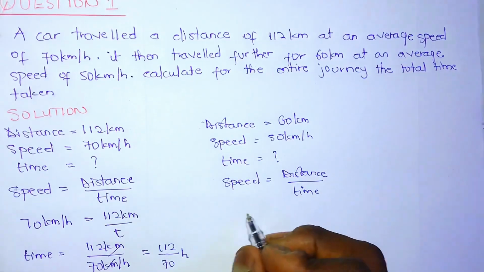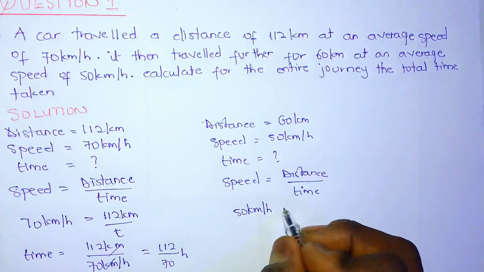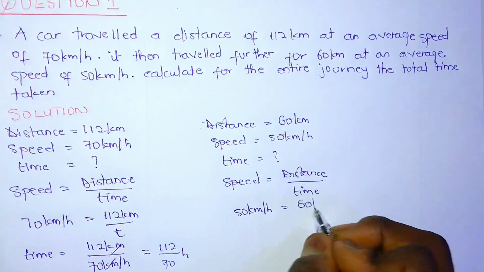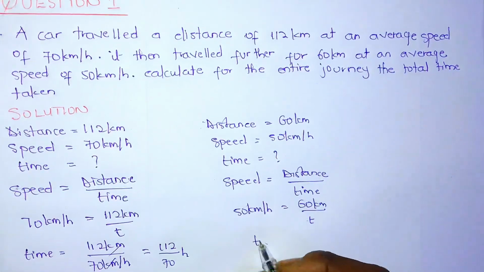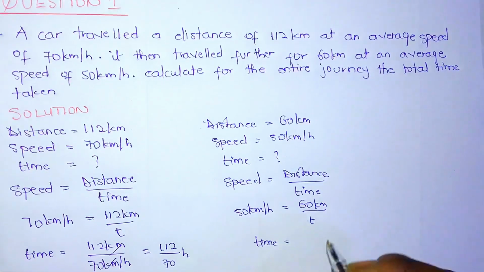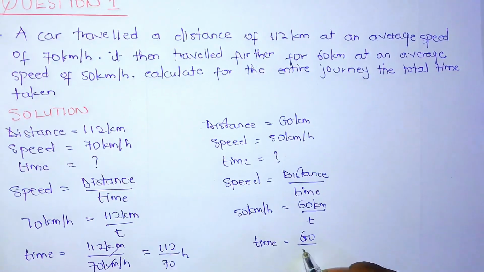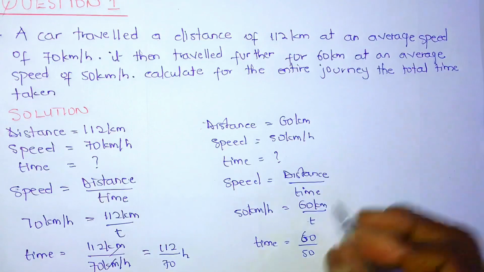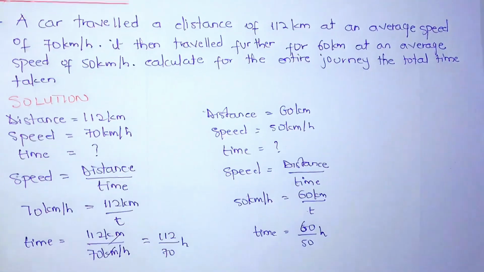We substitute values, we get 50 kilometers per hour is equal to 60 kilometers over time taken, and time is going to be 60 over 50 hours. Kilometers cancel kilometers, so you get hours.